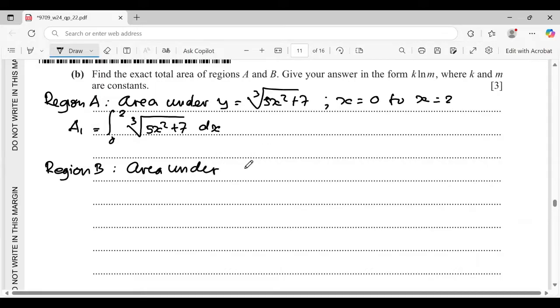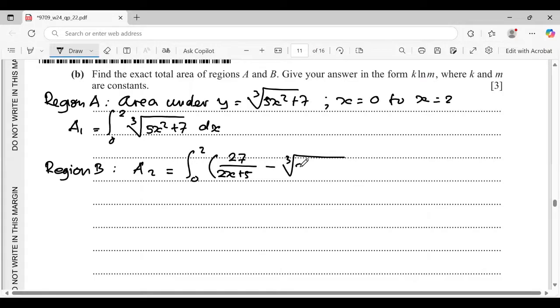I would like to write it as A2, the area between two curves, from 0 to 2 of 27 over 2x plus 5 minus the cube root of 5x squared plus 7 dx.